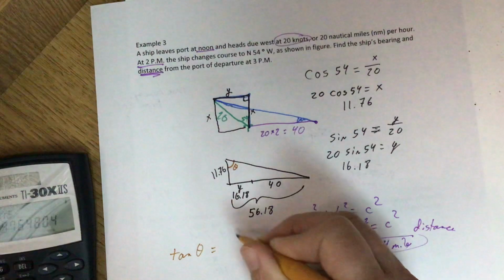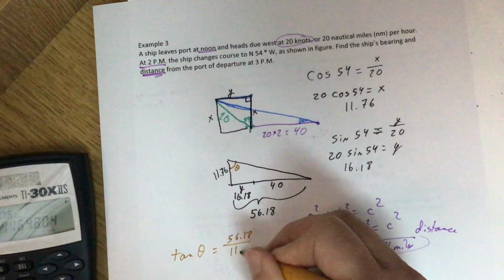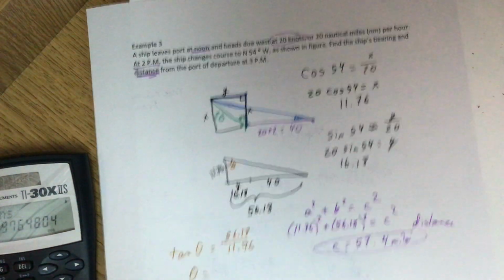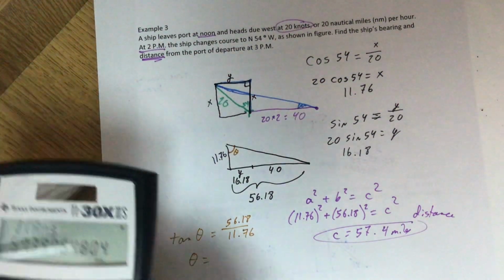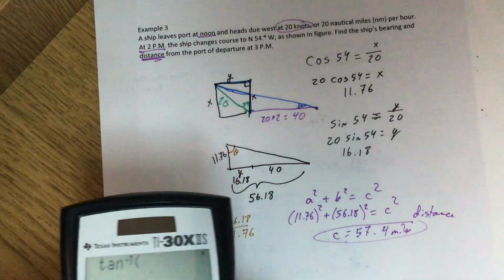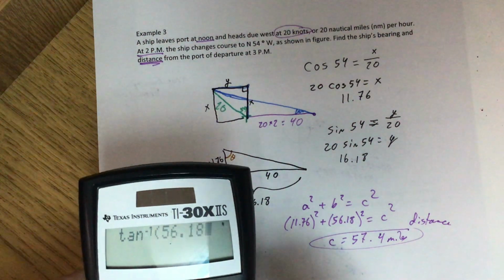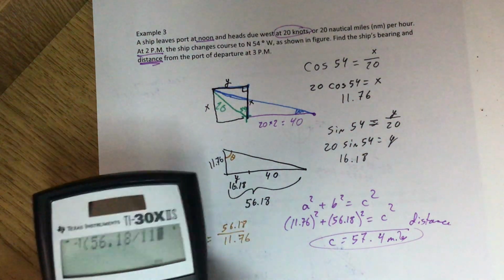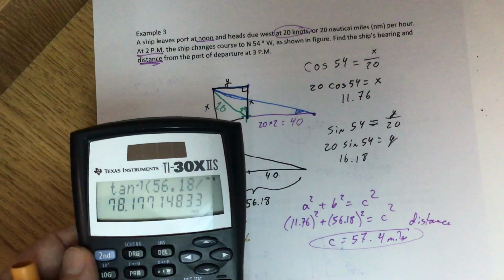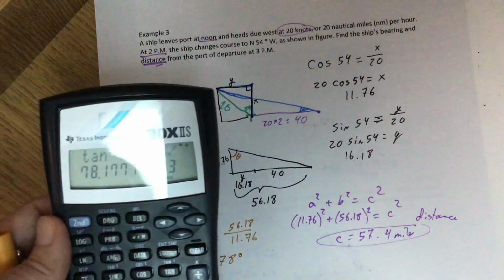Tangent of our theta would be our 56.18 over our 11.76. And then we can just do inverse tangent of 56.18 divided by our 11.76, and we get about a 78 degree angle.